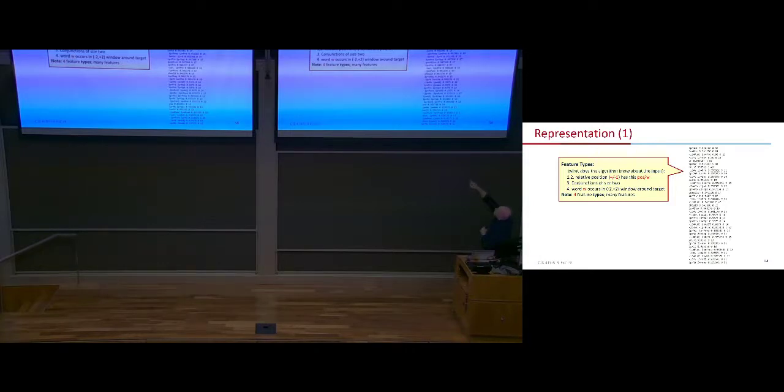Okay? The bottom row says 1p is NNS, and 2w is the word word. So that's a conjunction of two things. It says 2 to the right of me, there is a word, the word is word, and 1 to the right of me, there is a part of speech, which is a noun.